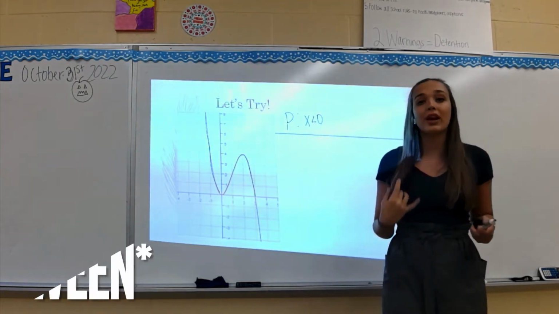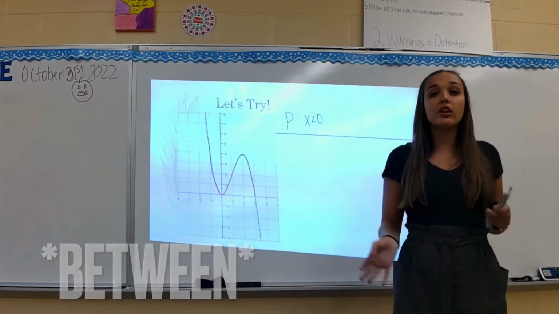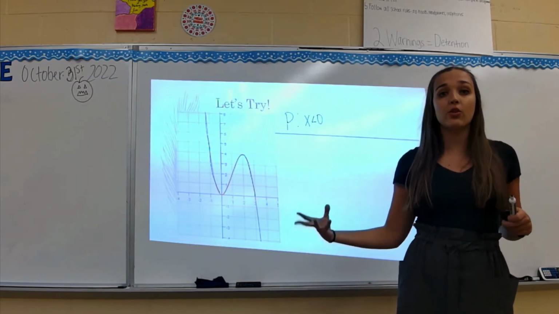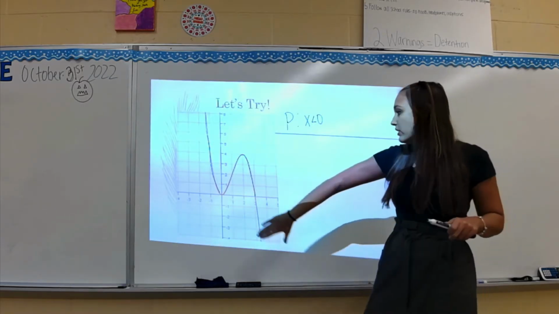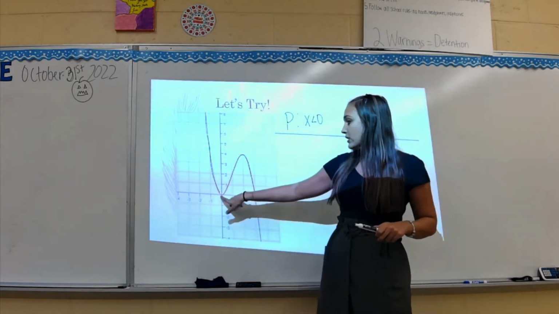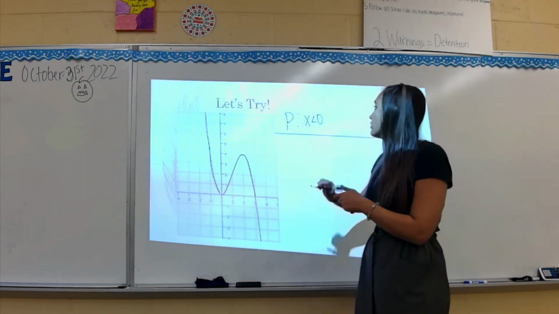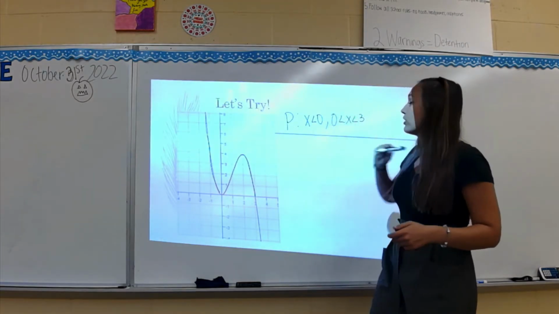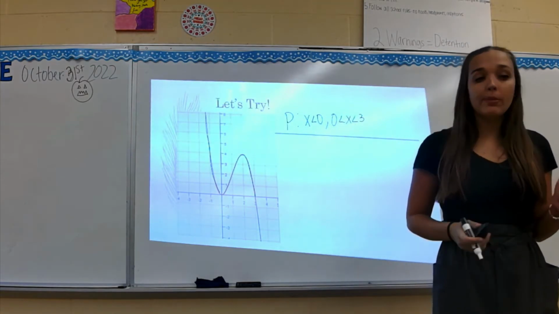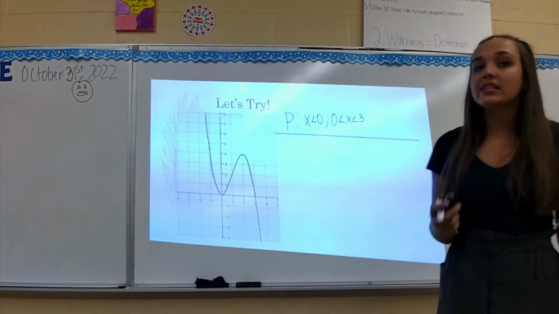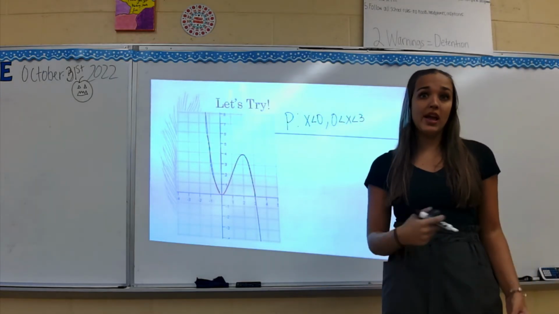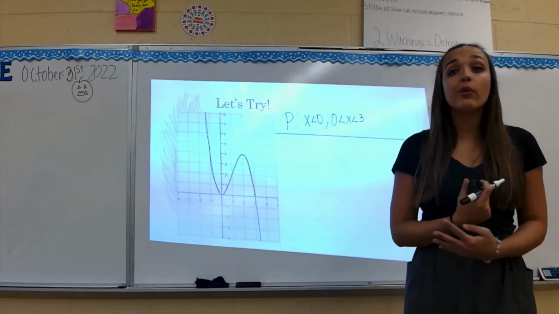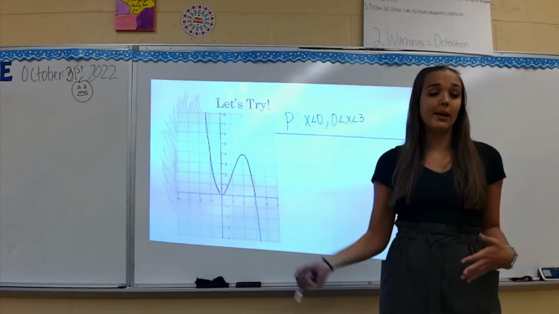And another key word that I said there was between. If we're talking about between, that means we need a compound inequality. Those x values are between here and here, which the x value here is 0 and 3. So it's going to be between 0 and 3, and once again, we are not putting or equal to. We're not putting or equal to because it's not including that 0 and 3. When x is 0, when x is 3, our y is 0, which, like I said before, is not positive or negative.